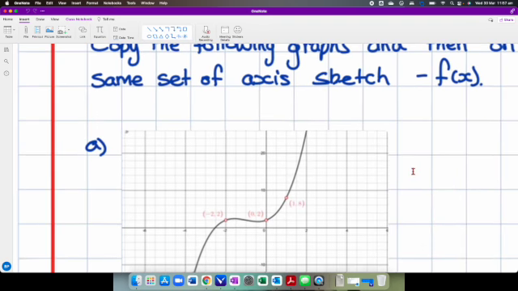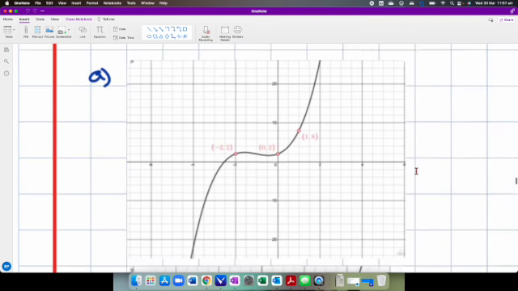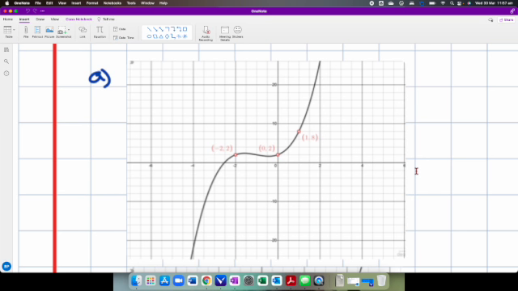If I zoom in a bit. Yeah, it's dodgy, don't worry. Here you have been given a function, f of x.